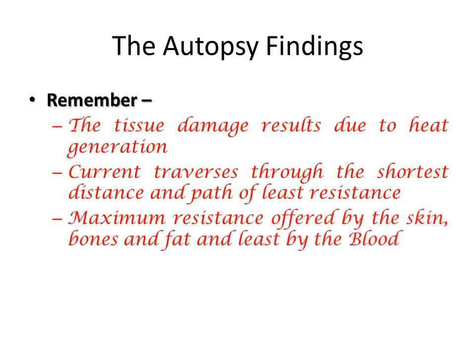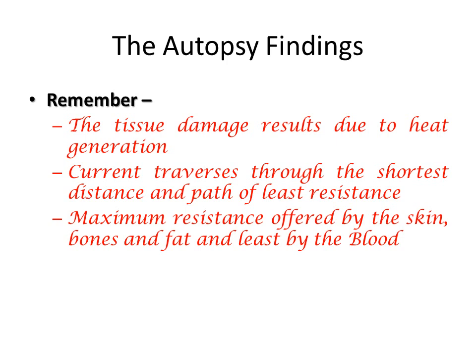Maximum resistance is offered by the skin, bones and the fat, and the least by the blood. So the initial hypothesis that we had discussed very clearly finds out all the three important points that I right now have told. Please remember, bone is the substance that gives the maximum resistance.